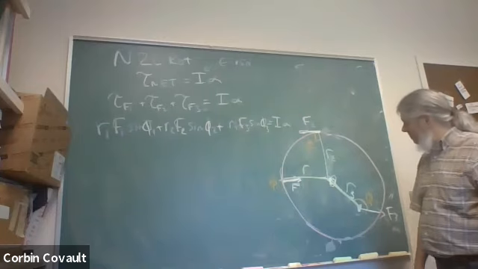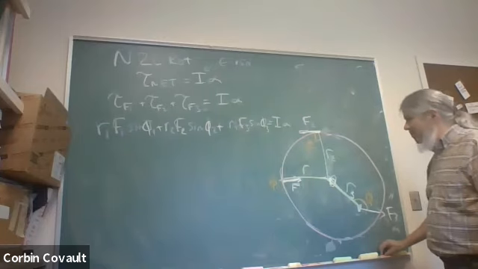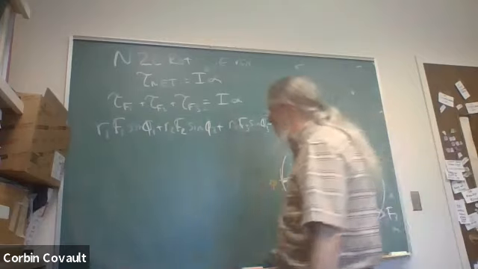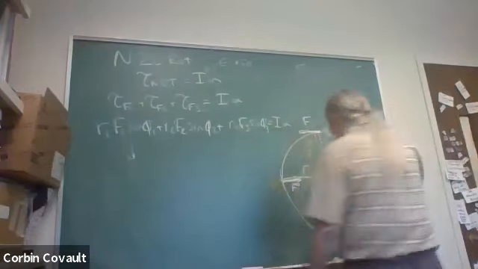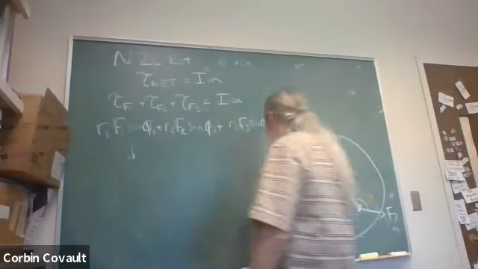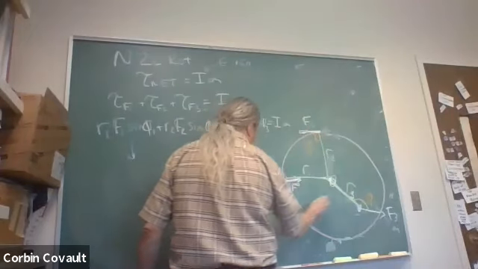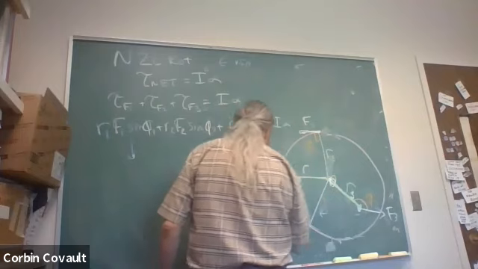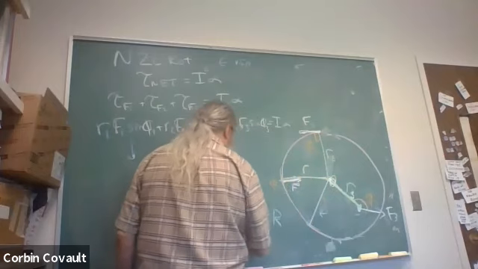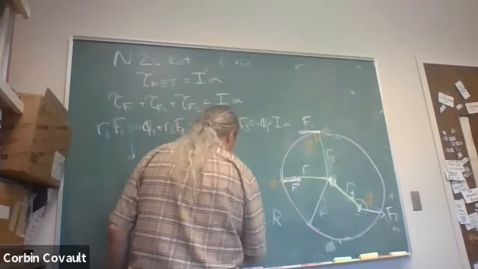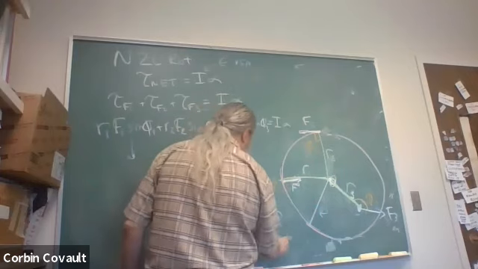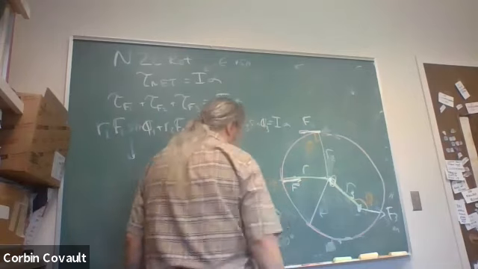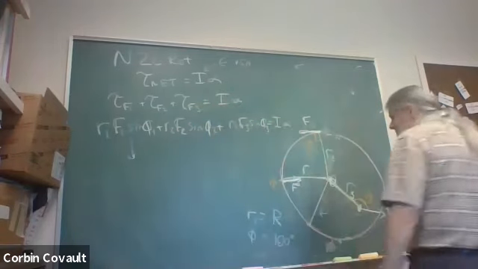Is that helpful? So let's work through this one at a time. If I look at this, I'll notice that R1 here, if I've given you the radius of the circle R, is equal to R. And phi1 is equal to 0 or 180 degrees, basically pi radians.